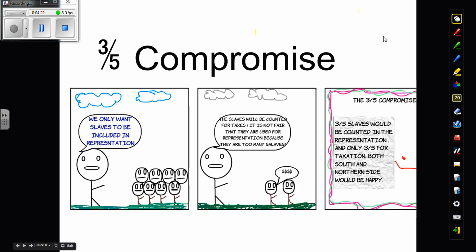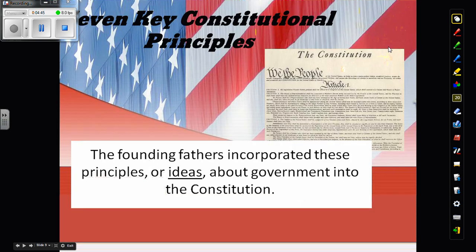Three-Fifths Compromise, you had slaves wanting to be counted by southern states, and then the compromise was that three-fifths of slaves would be counted, making both the southern states and the northern states happy in this regard.